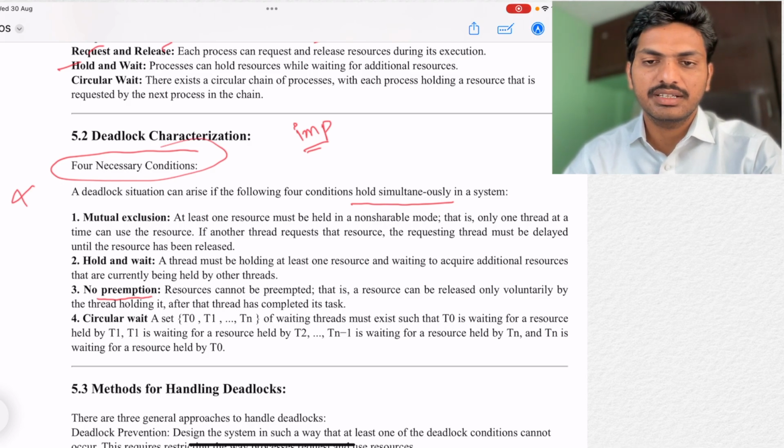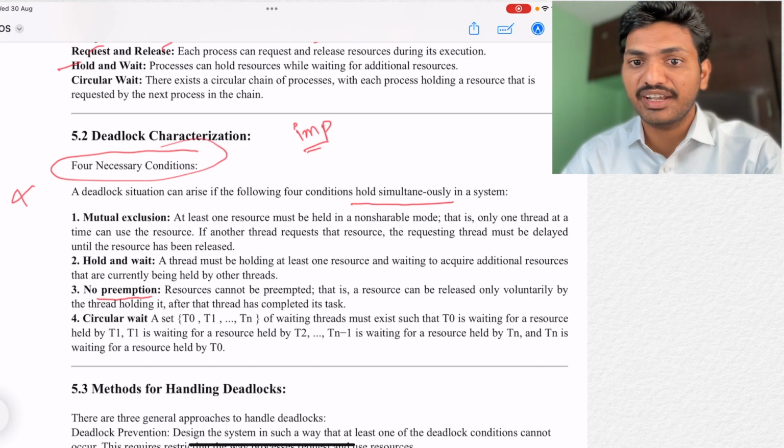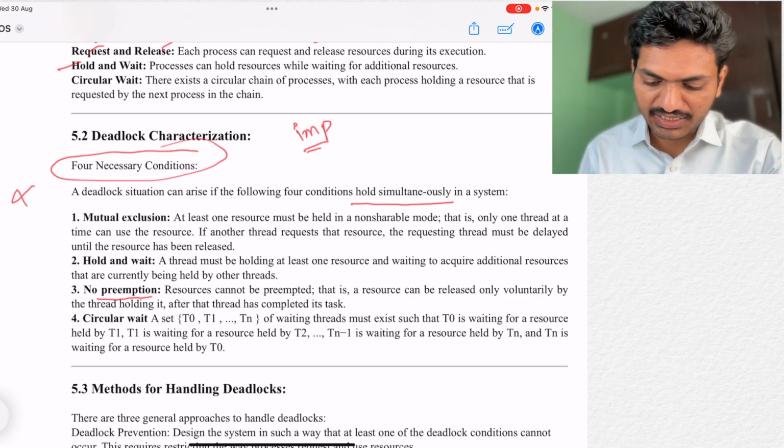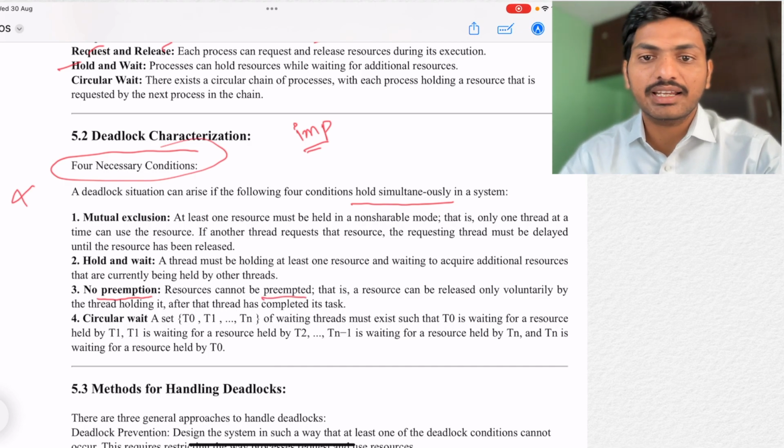That is preemption. Somebody needs to print 100 pages, 50 pages already printed, and you took the printer in the middle. That is called preemption.